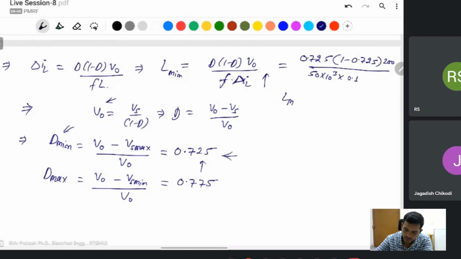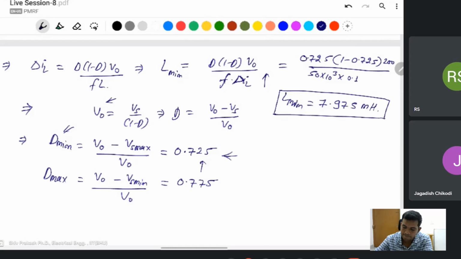Then you find the minimum value, in millihenry, for the 10% ripple.